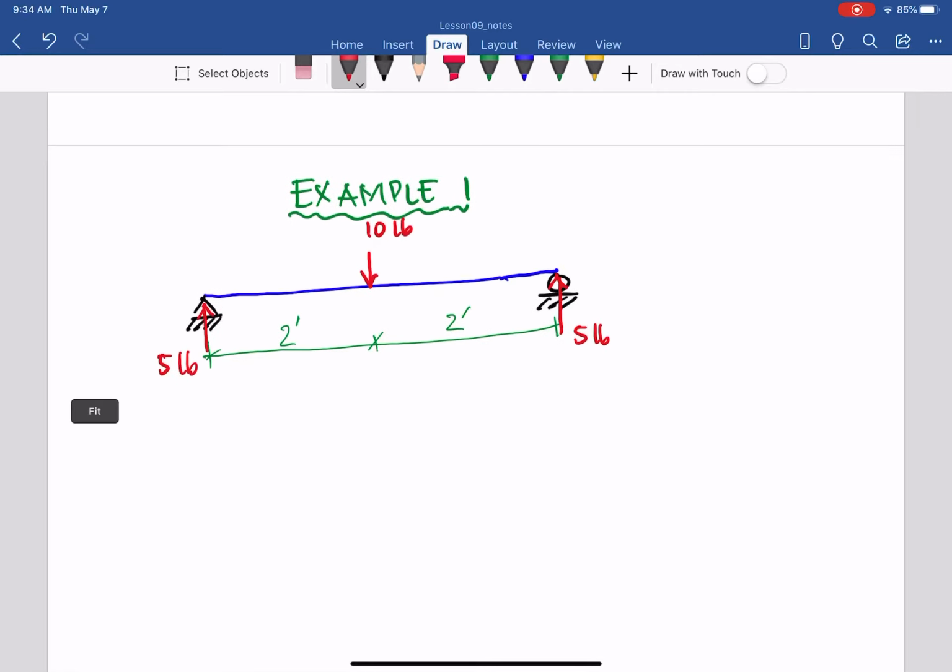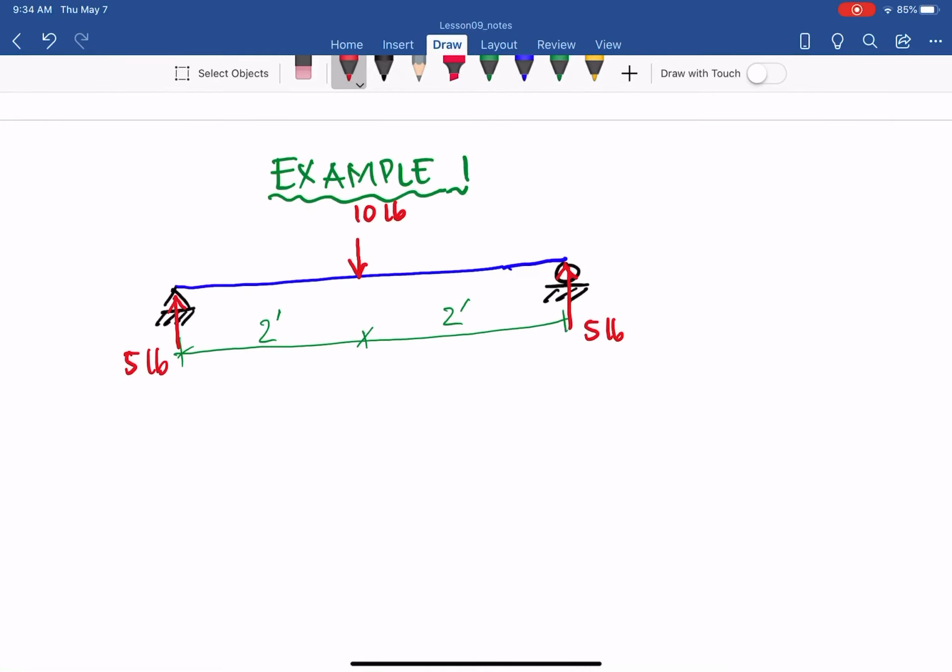So we always draw the diagram from left to right, and it always starts with the shear diagram. Let me write that: shear diagram, from left to right, exactly the same as the beam here.